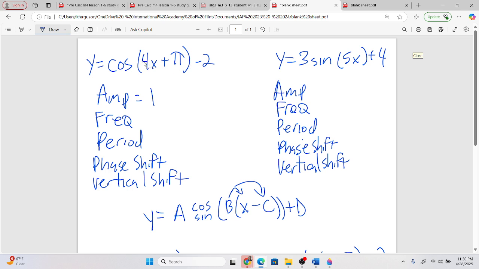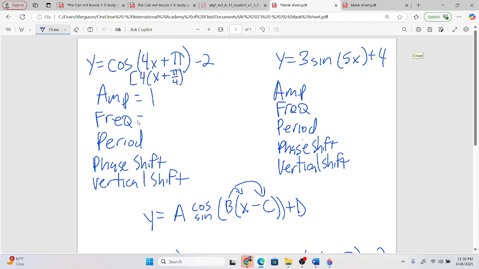So if I pull that 4 out, I divide this by 4, and I'll have this 4 on the outside, and then I'll have x plus. Now I got this pi. I need to pull the 4 out of this. Well, there isn't one. But remember, I'm dividing by 4. So this is going to be pi over 4. Okay, and that's what the misleading part is.